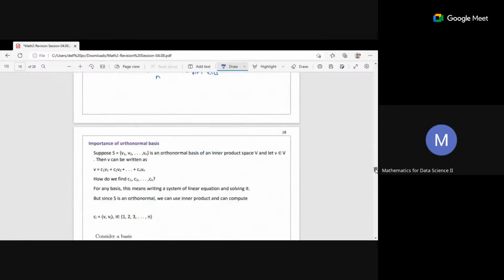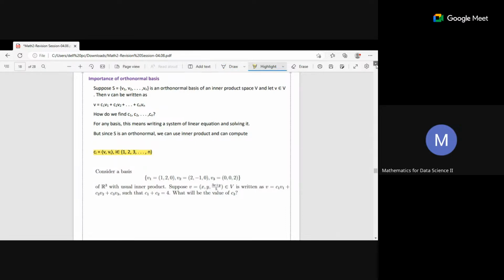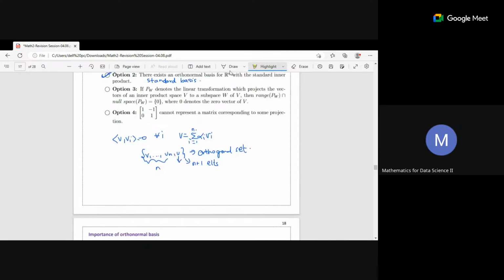What is the importance of an orthonormal basis? If you have an orthonormal basis and you write V as C1 V1 plus C2 V2 plus up to Cn Vn, then you can easily compute these Ci's using this formula. I wanted to use this property here.